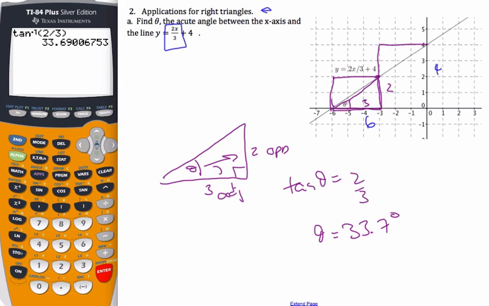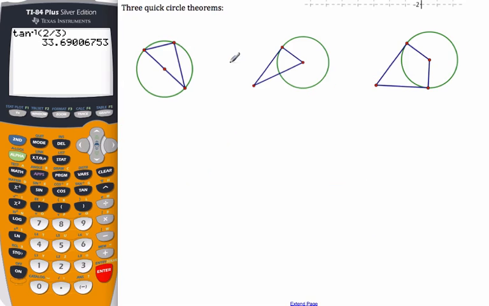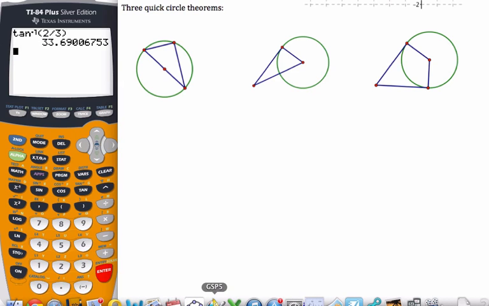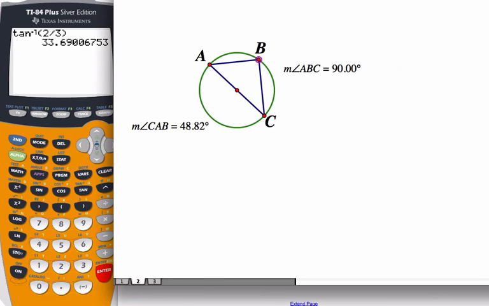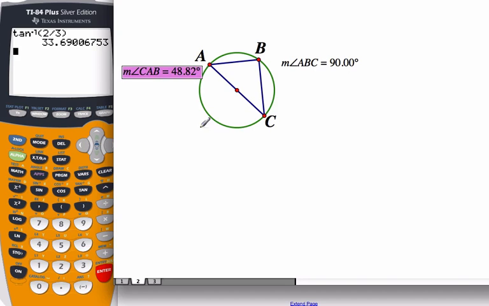Okay, let's try some more apps and see what happens. Three quick circle theorems. Here are circles and some tangents from them. Here is one of the theorems where AC is a diameter going through the center, which is key, and I'm concerned with angle B. Right now it looks like angle B is 90 degrees, angle A is 48.